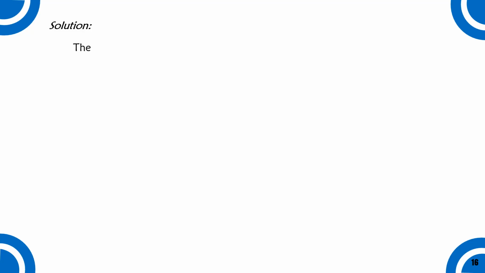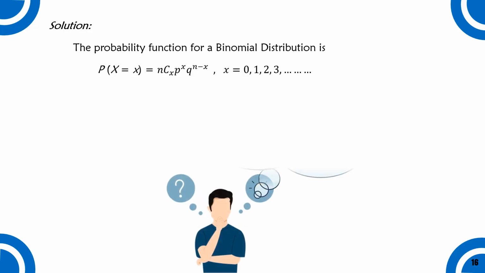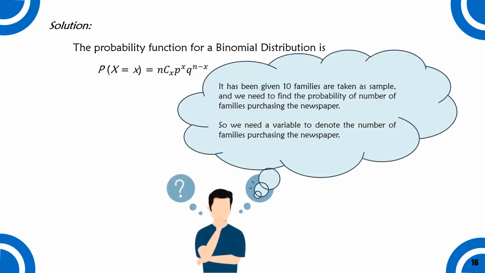Solution. The probability function for a binomial distribution is P of x equal to nCx p power x q power n minus x, x equal to 0, 1, 2, etc. It has been given 10 families are taken as sample and we need to find the probability of number of families purchasing the newspaper.